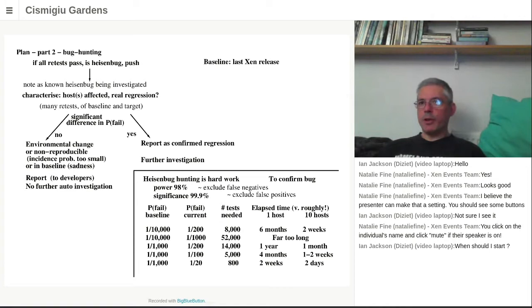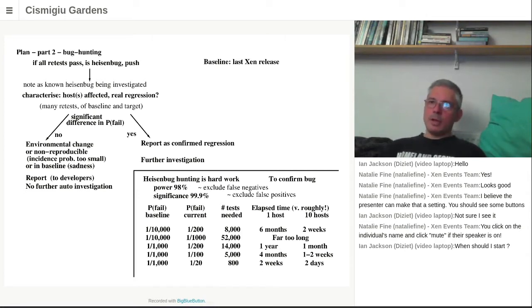And then we've got significance, which is somehow the likelihood that a report of a difference, in this case a report of a regression, corresponds to a real regression.